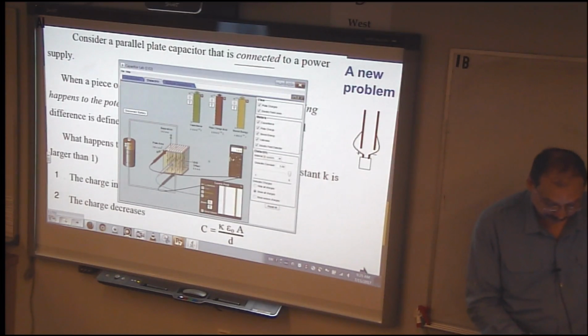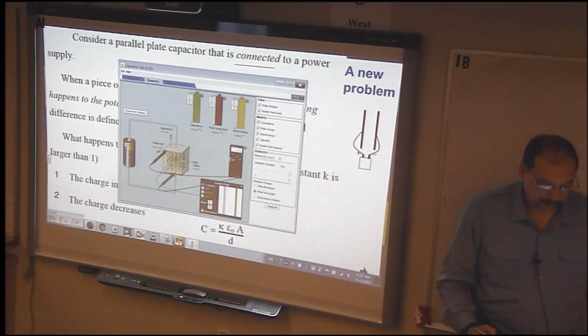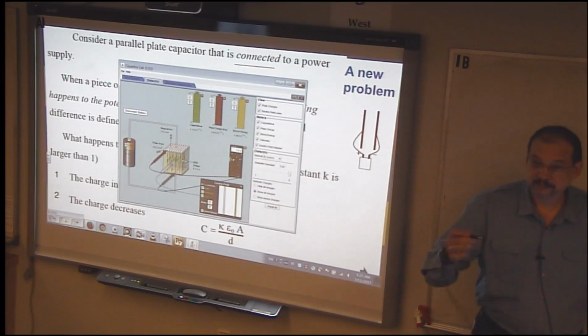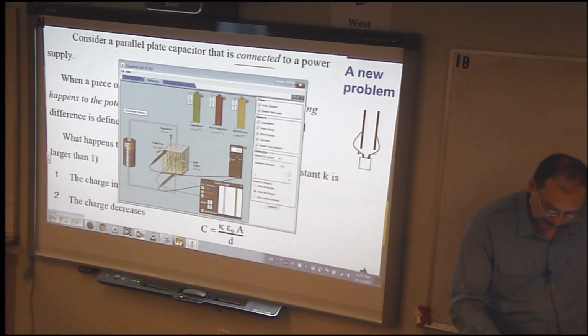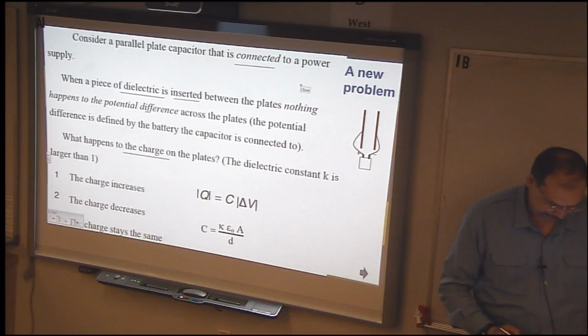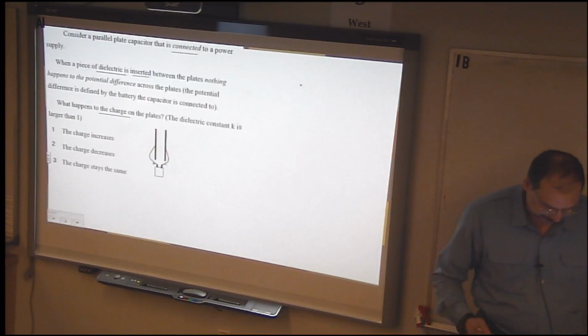So I can remove it. Can I? Yeah. So you see, it changes the number of charges. Why? When we change capacitance, but capacitor remains connected to a battery, it either absorbs more or pushes away charges. Let's just see what's happening.